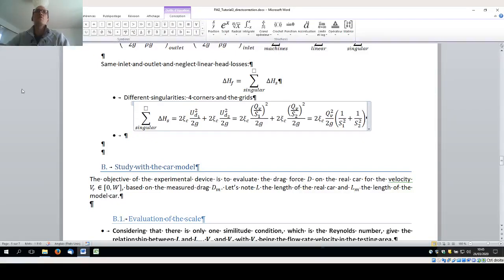Okay, so it's just the different singularities you have in your system.